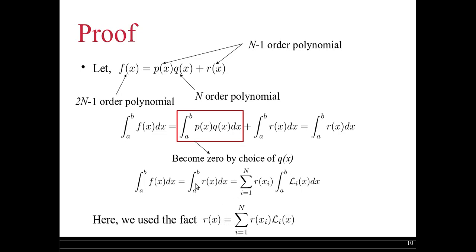So I can write r(x) exactly in terms of this interpolating basis as this sum, and you can see that the integral from a to b of l_i(x) dx is equal to w_i.